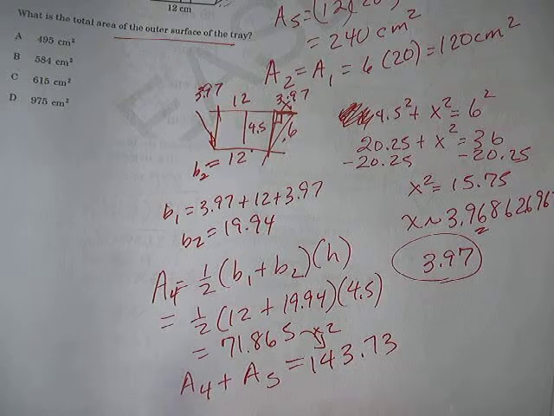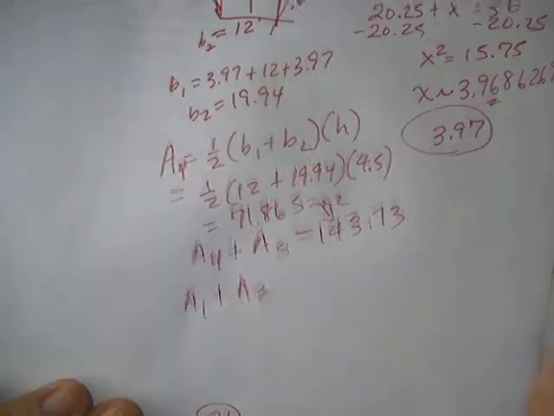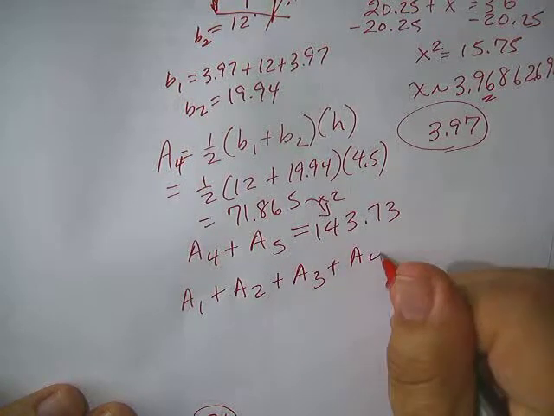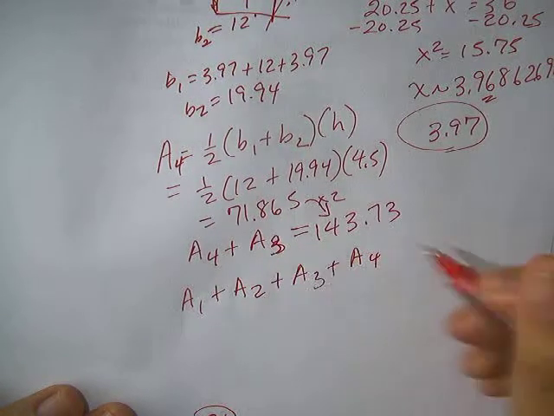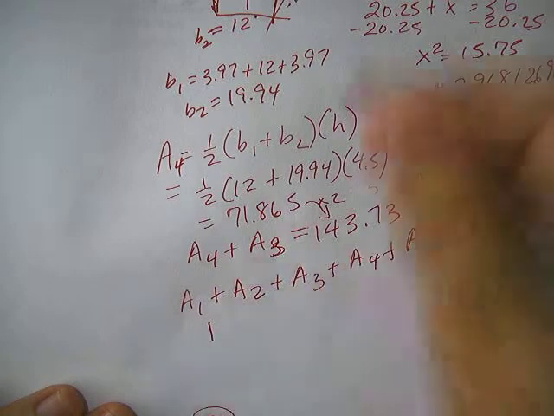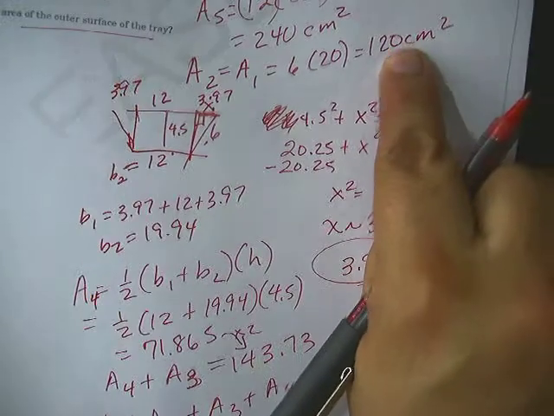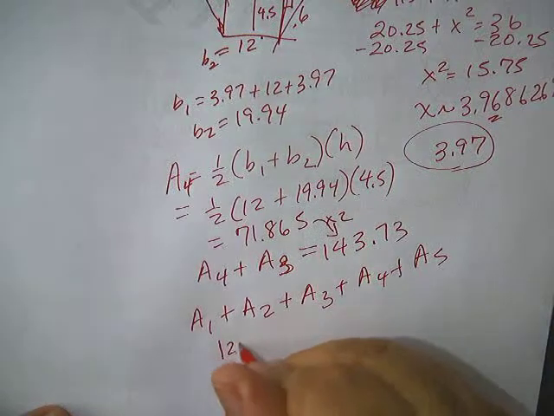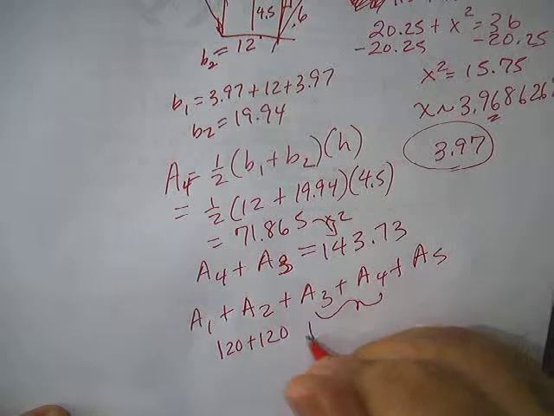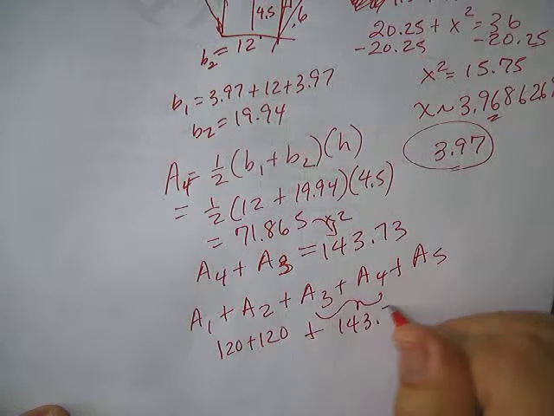I really want to find A1 plus A2 plus A3 plus A4 plus A5. We said this part, A1 plus A2, that was 120, so there's two of them. These I went ahead and multiplied out just to make it a little bit easier.